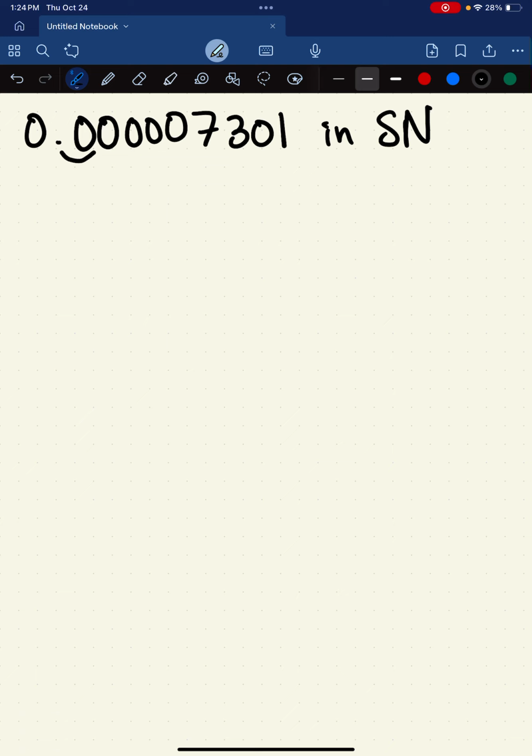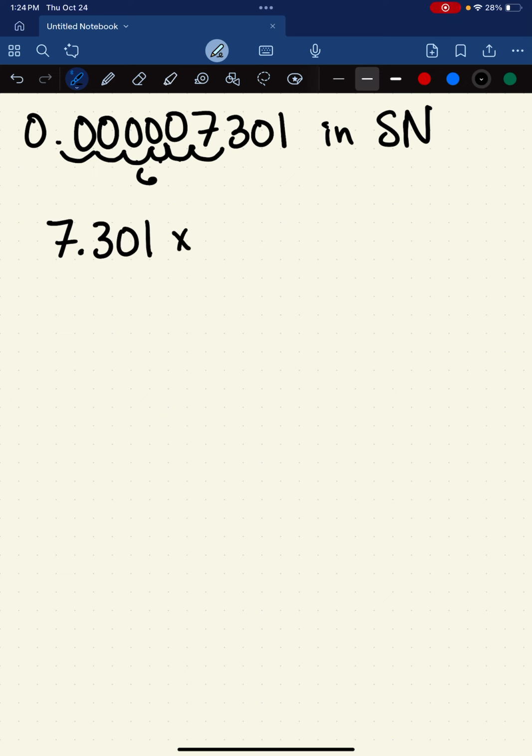Whenever we multiply by 10, we're basically moving the decimal point to the right one. So we have to multiply 1 time, 2 times, 3, 4, 5, 6 times. Now 7.301 is between 1 and 10. So we went 1, 2, 3, 4, 5, 6. 6 times.